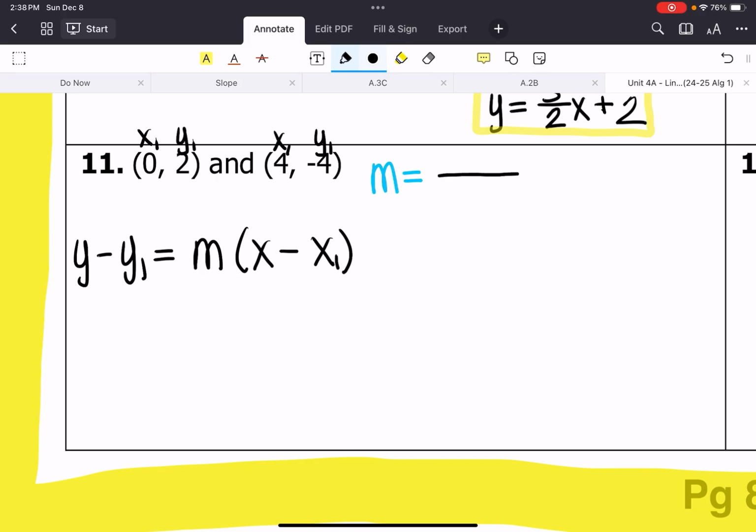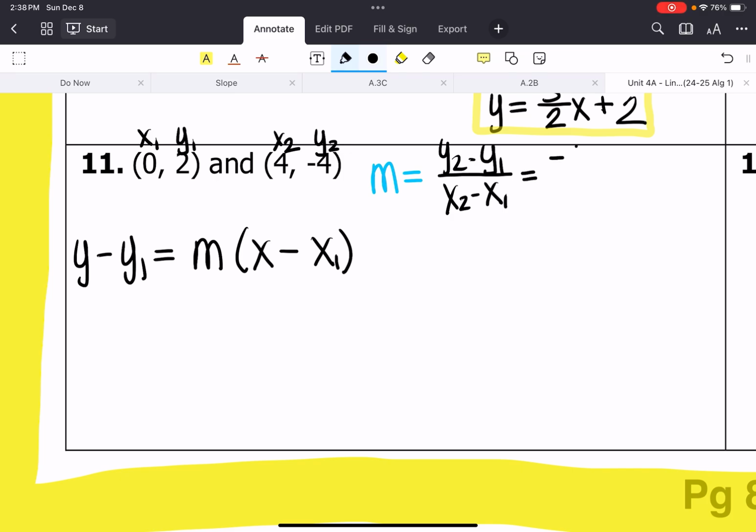And to do that, we're going to use our y2 minus y1 divided by x2 minus x1.